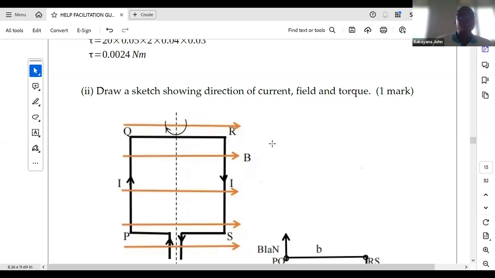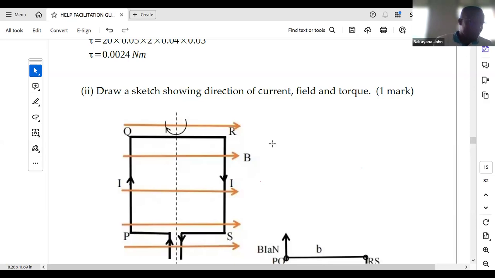When we resolve, theta is going to be 0. Of course, there are conditions when we are supposed to use a sine. Then theta will be 90 degrees, and sine of 90 is 1. Here we got theta as 0 because when the plane is parallel to the magnetic field, angle theta is 0 and cos of 0 is 1.